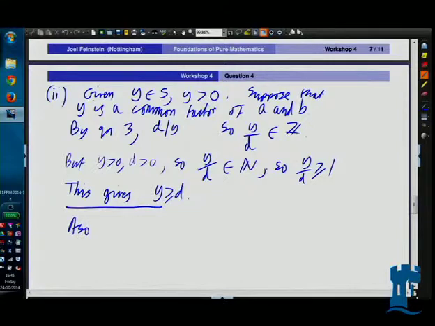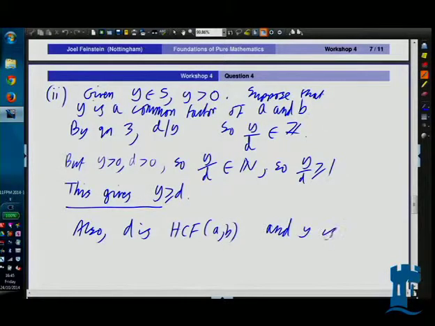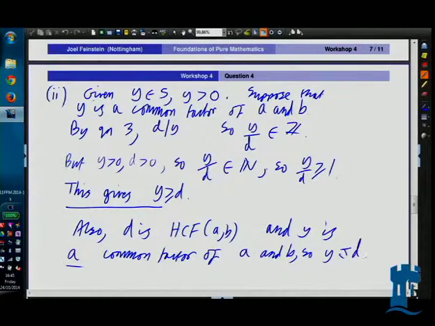Also, D is the highest common factor of A and B, and y is a common factor of A and B, so y is less than or equal to D. Okay, we've got y greater than or equal to D, we've got y less than or equal to D, so y equals D.